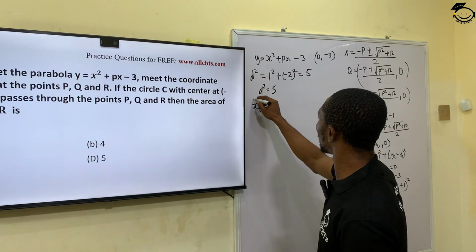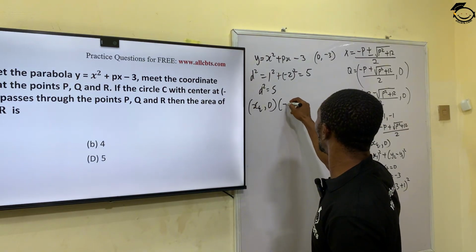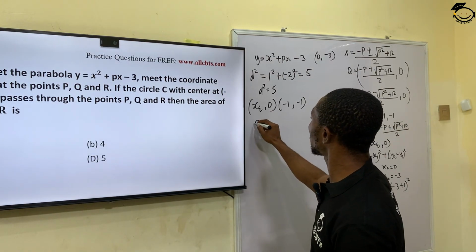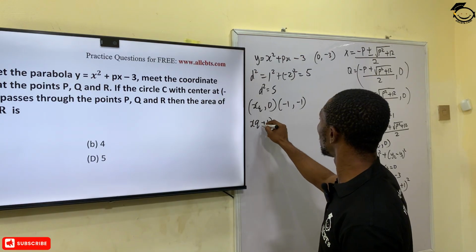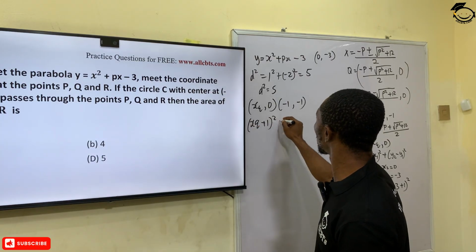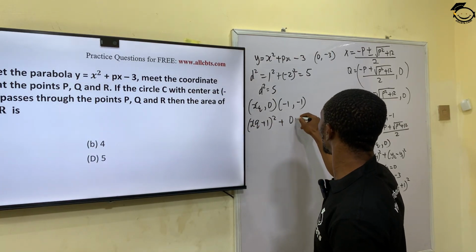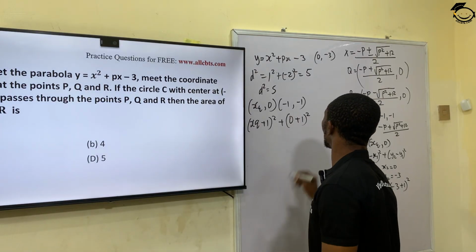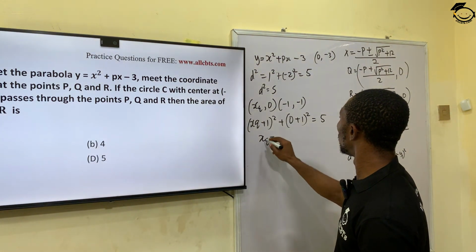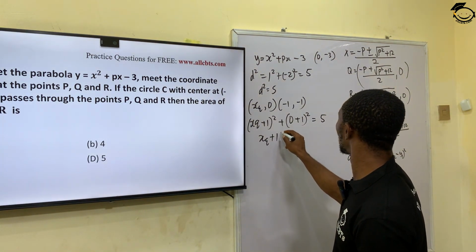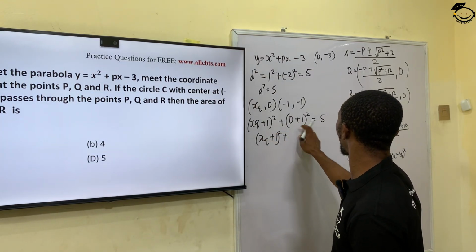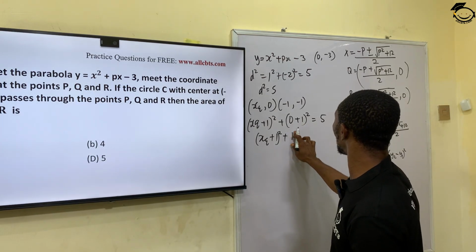So now, going into this, we have our S cube and 0, which is for Q, and we have our minus 1 and minus 1, which is our center. So from here, we have S cube plus 1 all squared plus 0 plus 1 all squared equals 5. So this becomes S cube plus 1 all squared plus 1 squared, 1, equals 5.